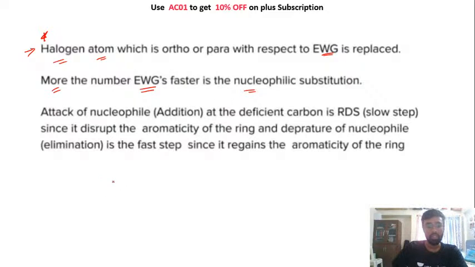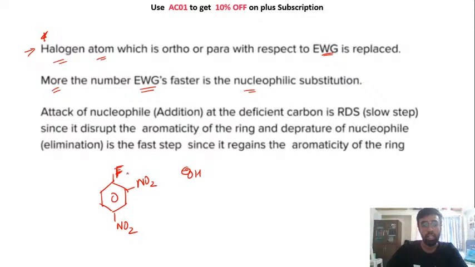So it means that if you have 2 NO2, so let's say we have a fluorine here, and we have a NO2 on the ortho position, and you have NO2 on the para position. So in this case, if we are using OH negative in the solution, this fluorine will leave faster than this one, where you have only one NO2.